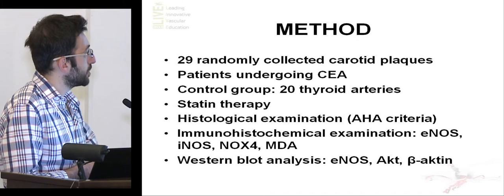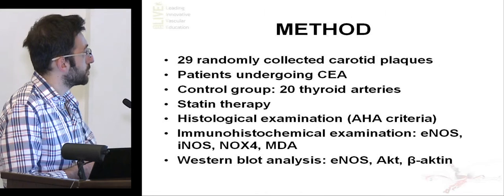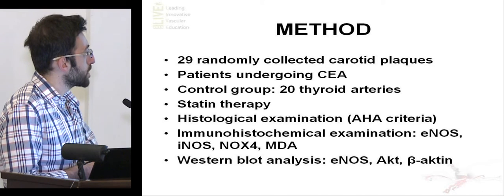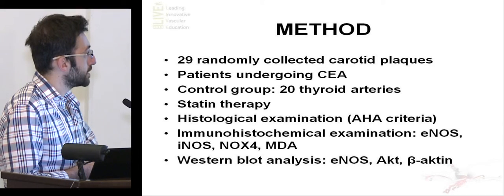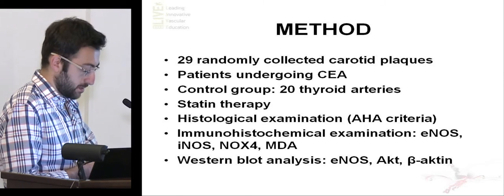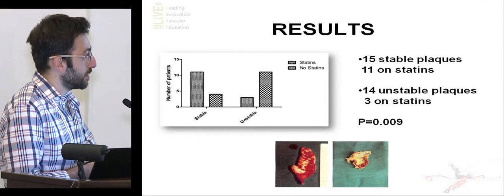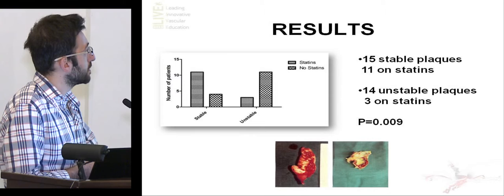We had a histological examination of the specimens and an immunohistochemical examination, where we measured the expression of eNOS, iNOS, NOx4, and MDA. We also used Western blot analysis for eNOS, AKT, and beta-actin, which are markers of apoptosis and cell accumulation.